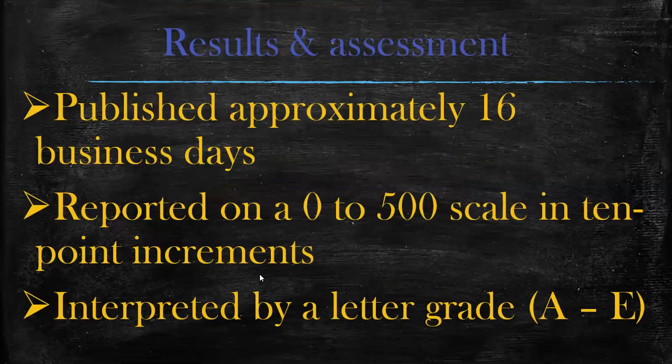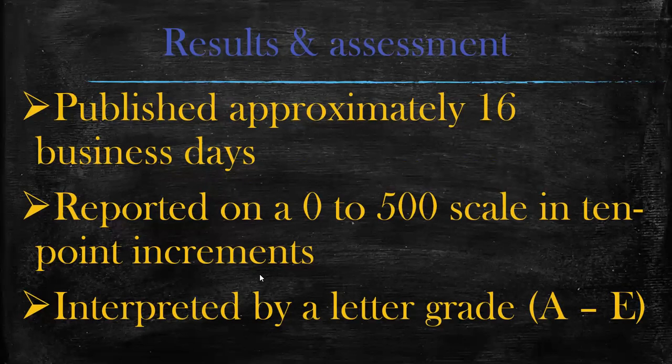Let's look at the results and assessment. The results are published approximately 16 business days after you've taken the test. And you can access this in the portal you create to take the test. You don't have a hard copy, but you can download and print it out and use it for whatever you want to use it for.